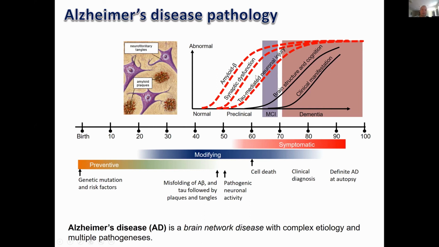The accumulation of these proteins happens in specific pathways and is accumulated in a very predictable way in different brain networks. So Alzheimer's disease is a brain network disease, and thus we need dedicated algorithms that process signals in graphs rather than regular Cartesian Euclidean spaces, as we often do in deep learning.